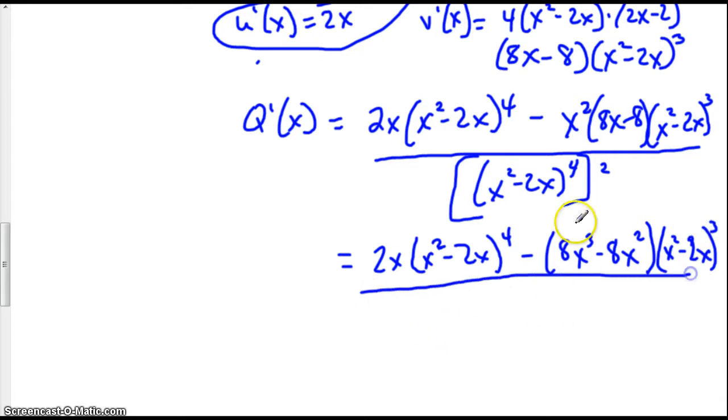And that's going to be all over (x squared minus 2x) to the 8th power, because when we have a power to the power, we multiply.